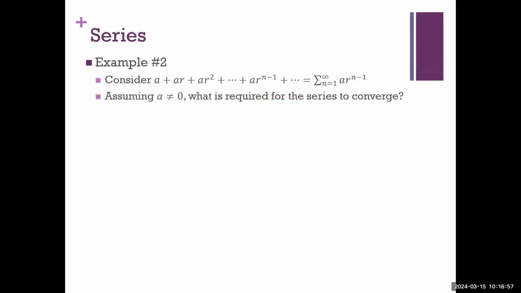So we've talked about this kind of series before, or at least this kind of sequence before. What do we call this kind of sequence or series? Geometric. It's geometric. Why is it geometric? So here's the definition of a geometric sequence.